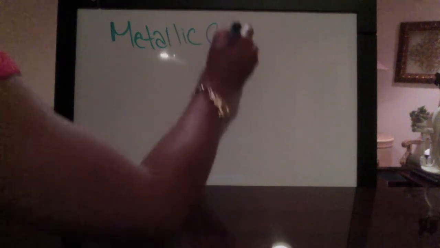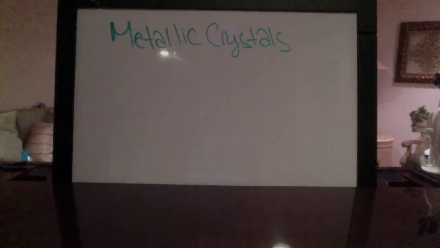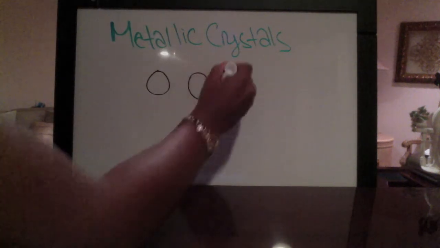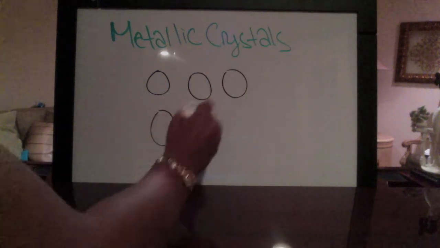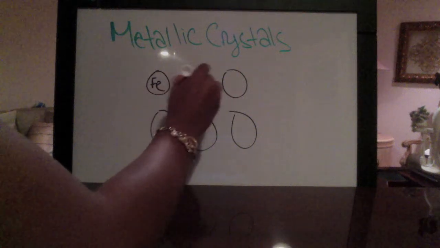So the next type of crystal is a metallic crystal. And as you know, metals like to, rather than get rid of electrons, share their electrons. So let's look at iron. In the case of iron, you have a bunch of iron atoms. These are all iron.